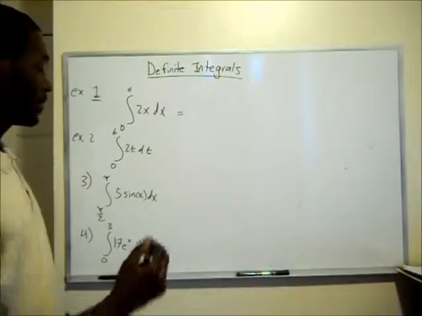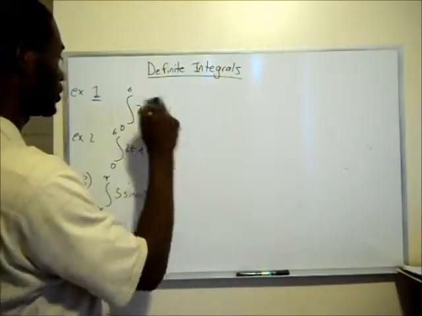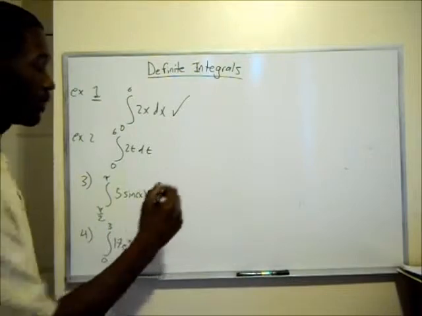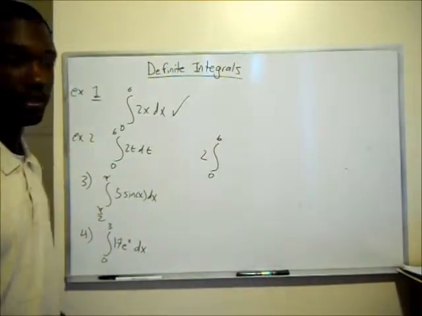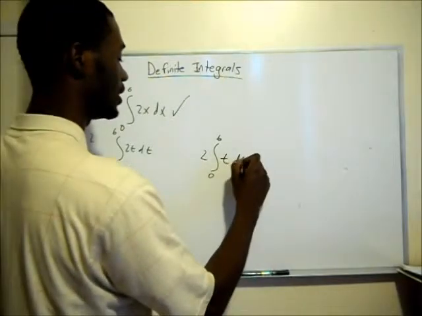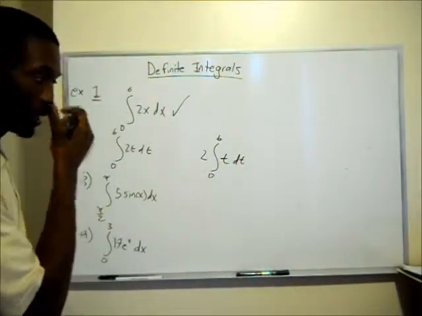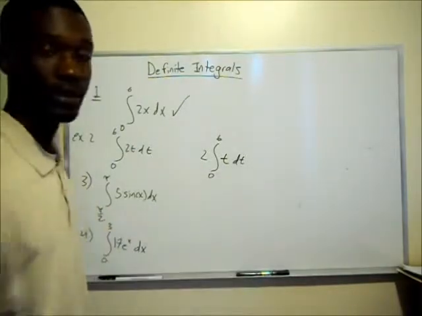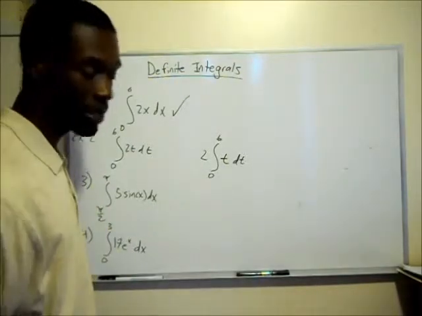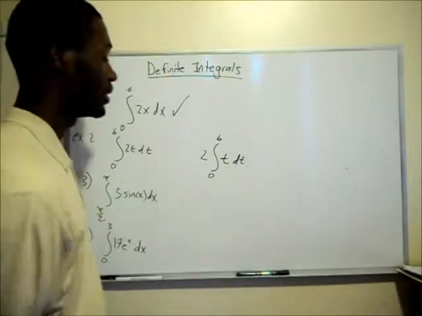Alright, so I'm going to do the same for this one now. So this one's a check. I'm going to do the same first step. I'm going to pull the 2 outside, keep my limits of integration from 0 to 6, put a t in here, and put dt. Now, the variable I'm differentiating with respect to is t. So that means that I'm integrating with respect to t.